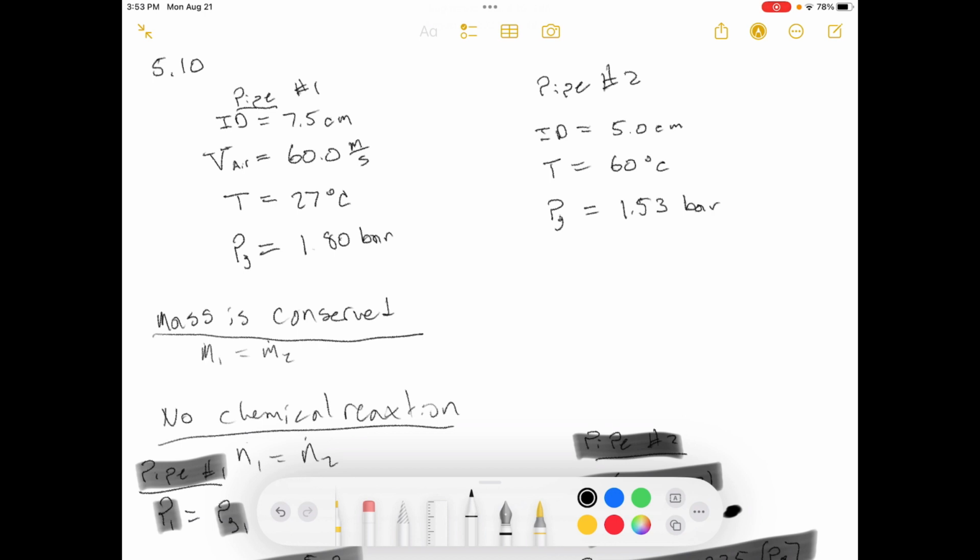Well, if you're constricting the flow, you're constricting the pipe's inner diameter. If you're going to have the same amount of mass flowing in one end of the pipe and out the other, with no accumulation inside the pipe, then the velocity of the fluid is going to have to increase when you shrink the pipe down.